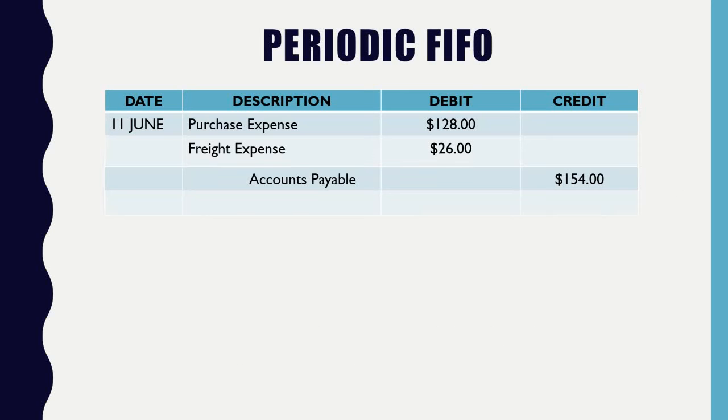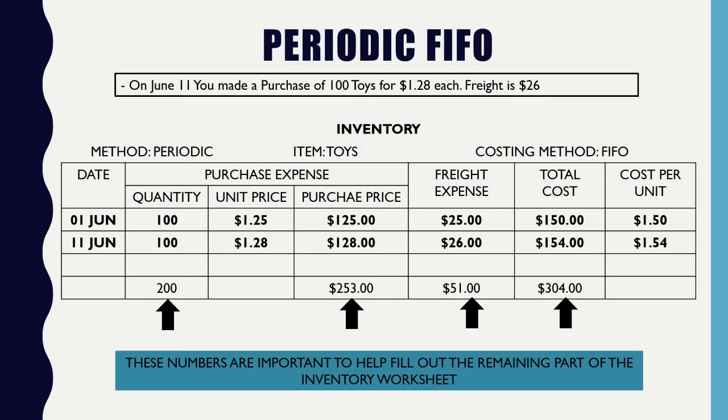Okay. So scenario number 2 was that I purchased 100 toys at $1.28 and my freight was $26. So here's my journal: on June 11th, this is what happened. And now I'm going to apply it again to my little worksheet here.